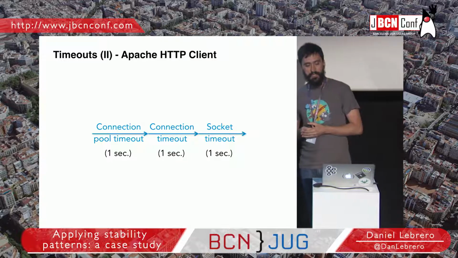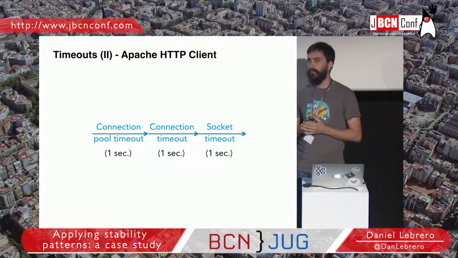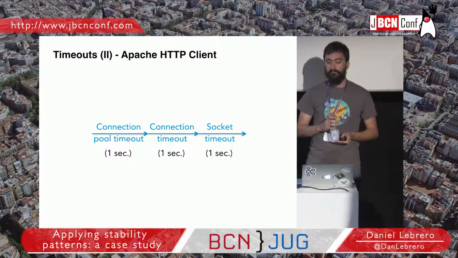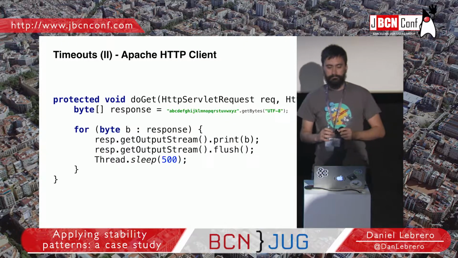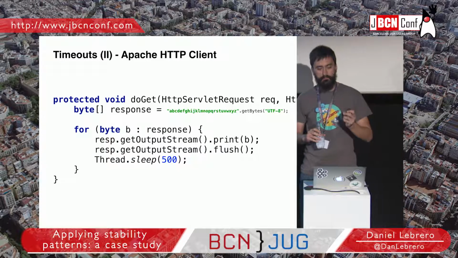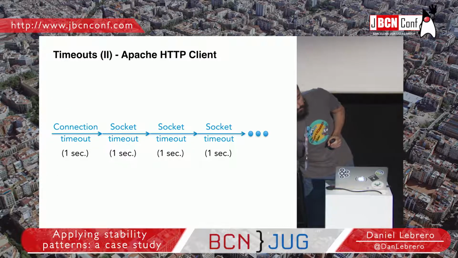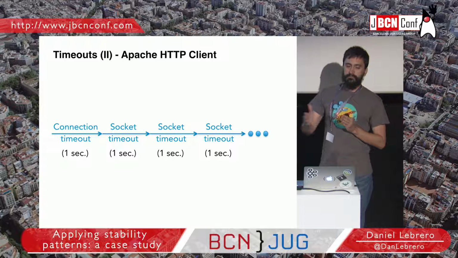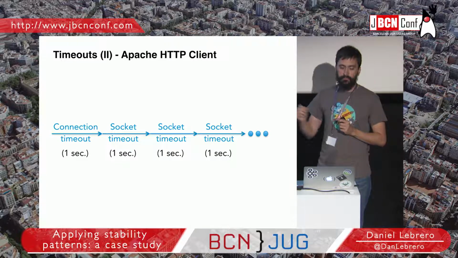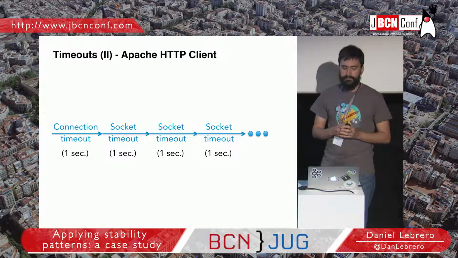So if you configure your HTTP client with those 3 timeouts, 1 second, 1 second, and 1 second, how long do you think, in the worst case scenario, the thread will be blocked? If the server that you are talking with sends 1 byte every 500 milliseconds, the socket timeout will be reset, starting again from scratch every time you receive one of those bytes, which means that in theory, your request can take several minutes.